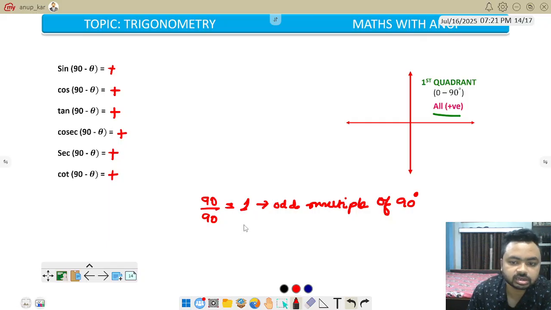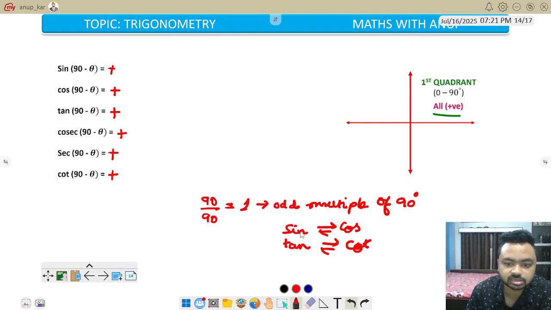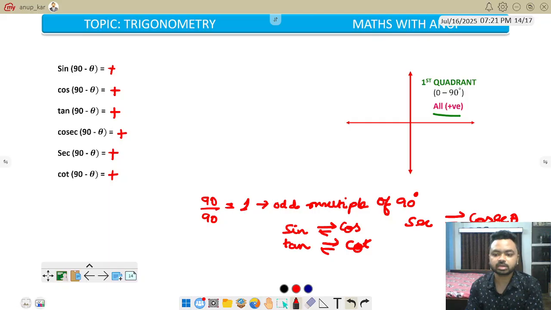the trigonometric ratio will change to its complementary pair. What is my complementary pair? Sine's complementary will be cos, then tan's complementary will be cot. Sine will change to cos, cos will change to sine, tan will change to cot, and cot will change to tan. And my sec complementary is cosec. So sec will change to cosec and cosec will change to sec.